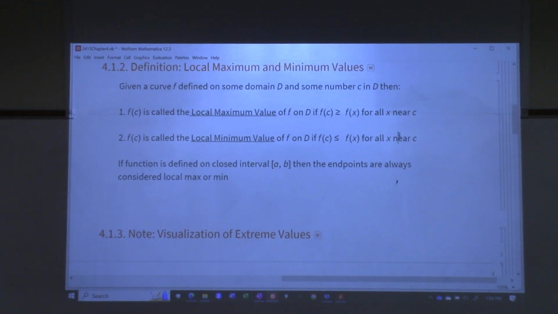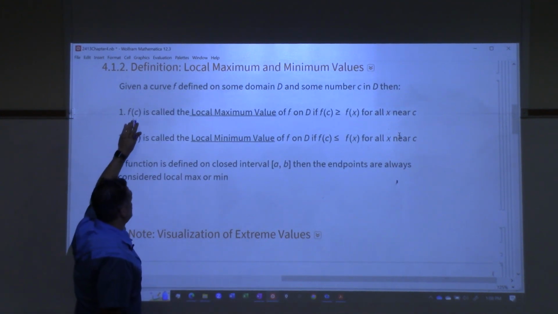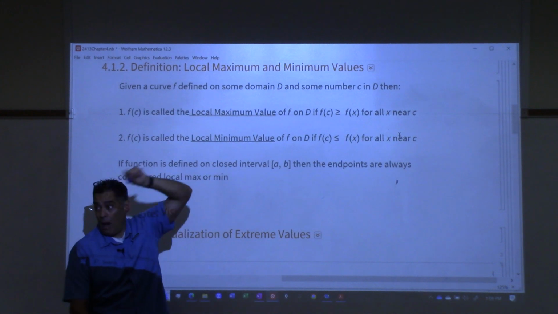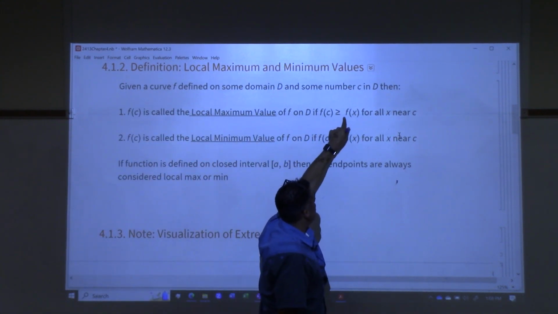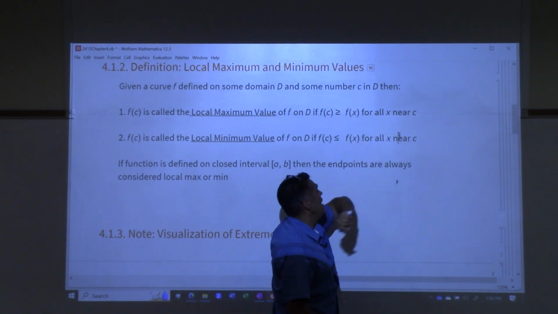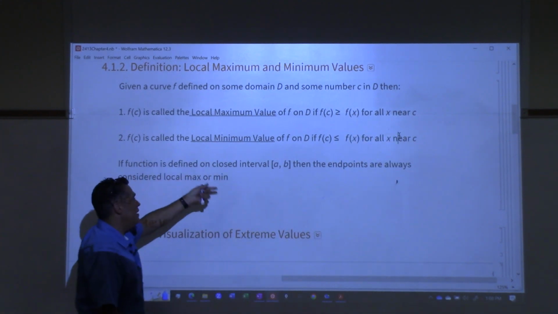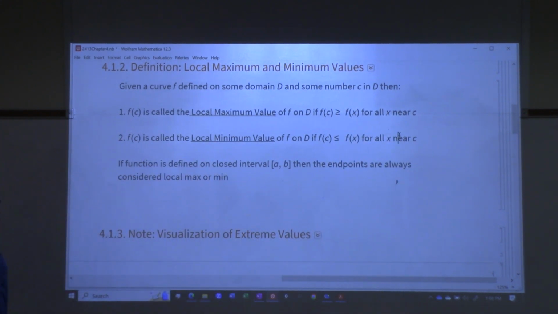So let me keep going here. The Y value is called the local maximum value if that value is greater than or equal to all other values near C, and then local min if it's smaller than all values near it.